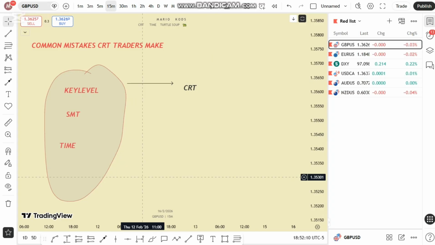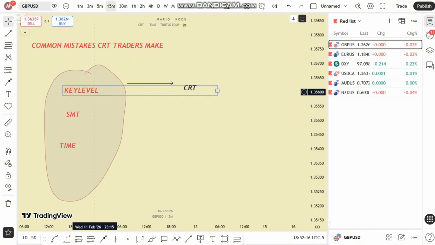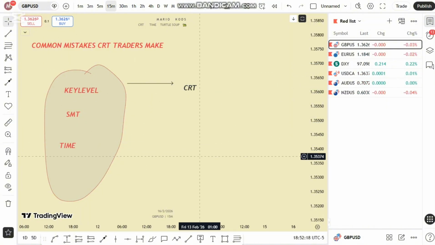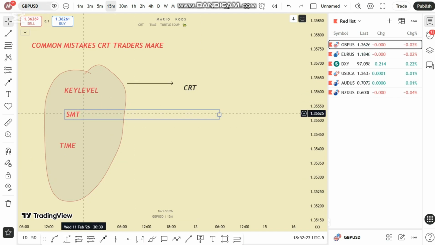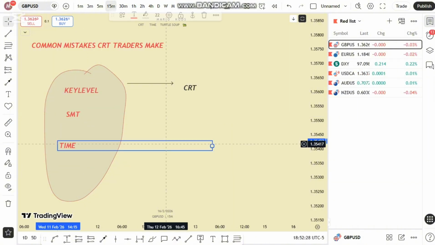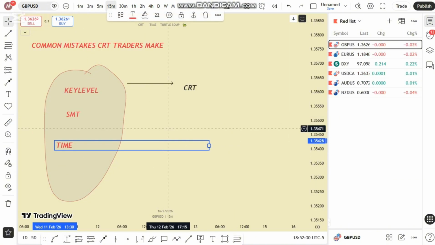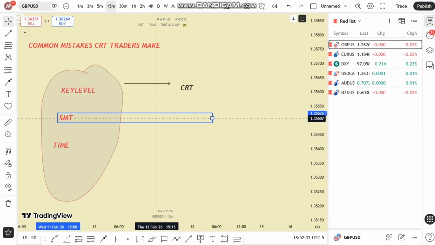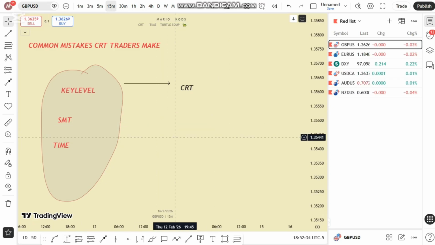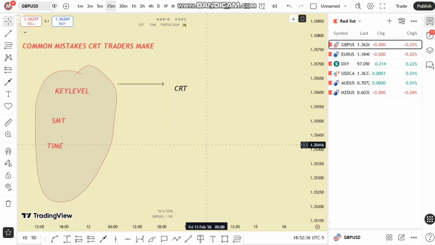Number one, out of these three mentioned here, the most important one is SMT. Remember I told you that with key level, we can trade CRT. But first of all, we need SMT.